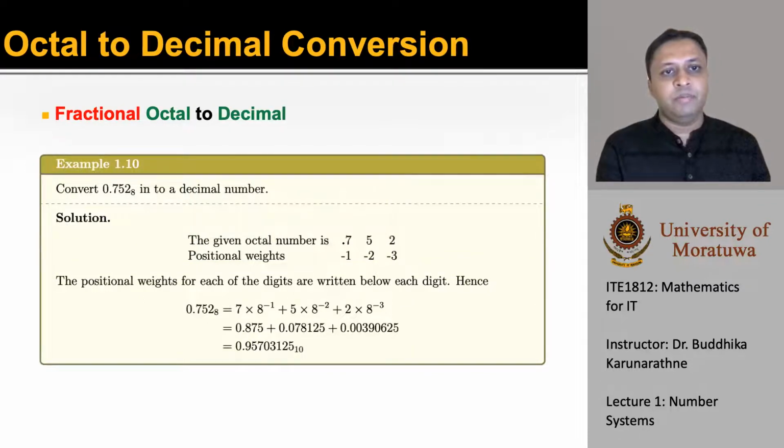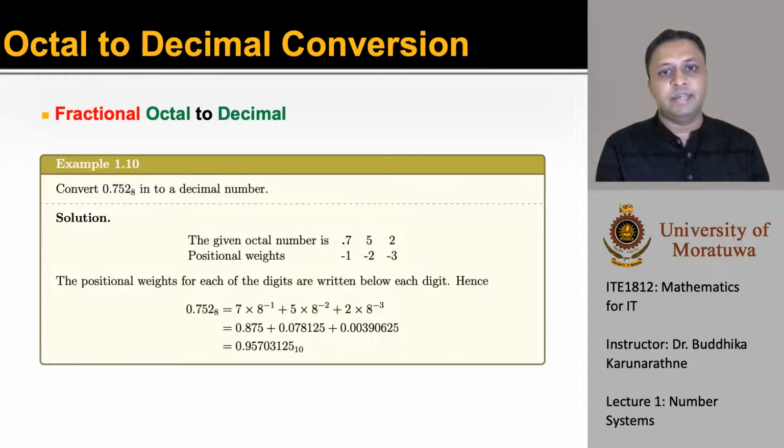And following up for fractional octal to decimal, taking an example, 0.752 octal into a decimal number. So how do you do that? You write down the fractional octal number 752, and you write down the positional weights.